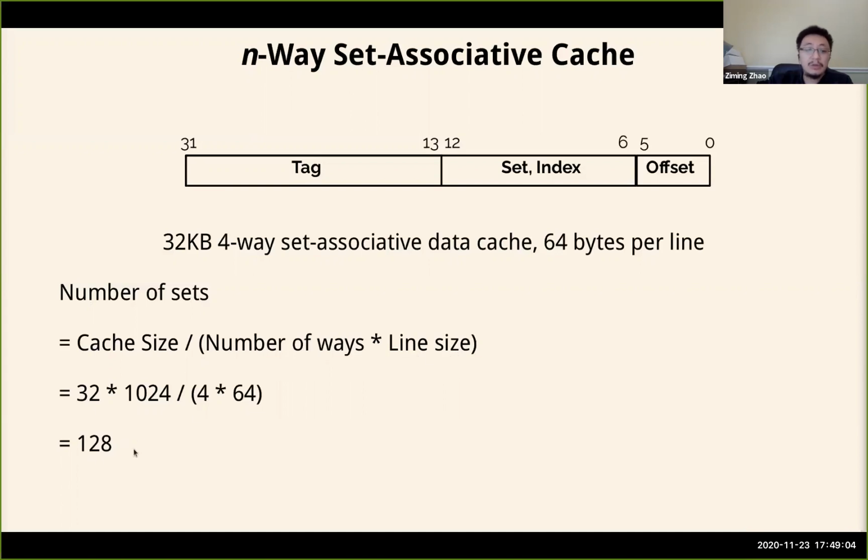So we get 128 cache sets for this cache. 128 means you need 7 bits to represent that, which means the offset is 6 bits. The set or index part is 7 bits. 7 bits is 128. And everything higher than that, we just call it the tag.